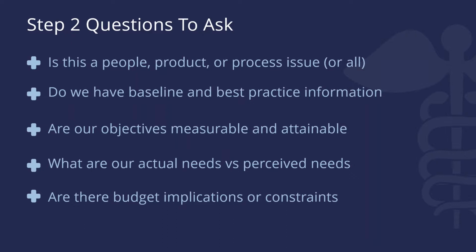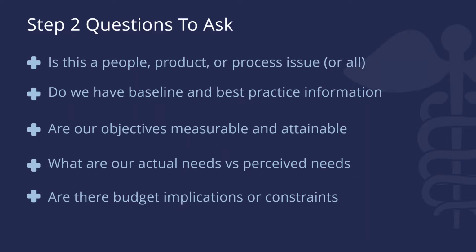Are they measurable and are they attainable? And if your goal seems too lofty, is there a phase 1 approach? Is there something that you can do in the next 30 days, 90 days, 180 days, or does it have to all be done at once?